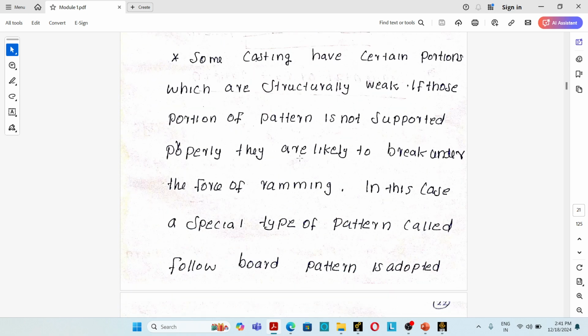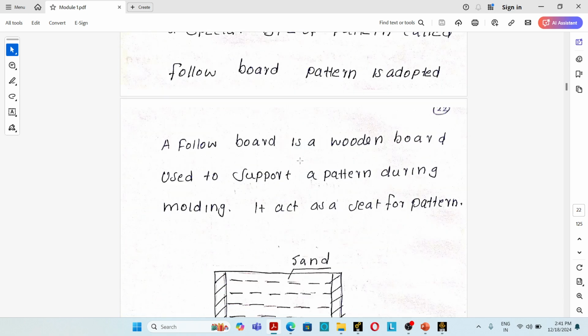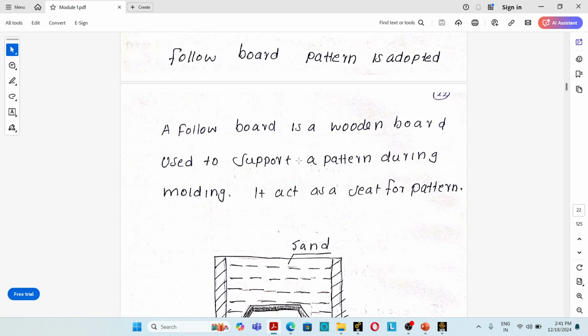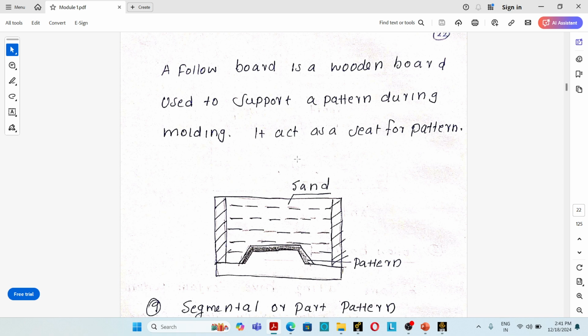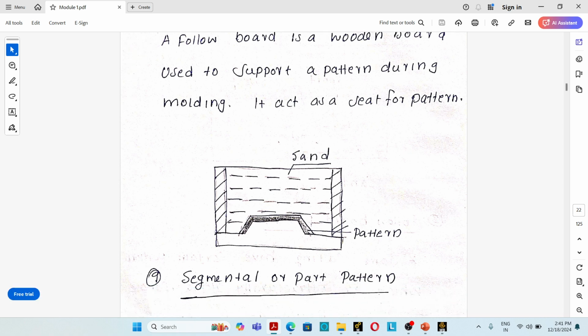So the eighth one is the follow board pattern. A follow board is a support that is provided to the pattern. If the pattern is structurally weak, you can see this shaded portion is the pattern, and this is the follow board.